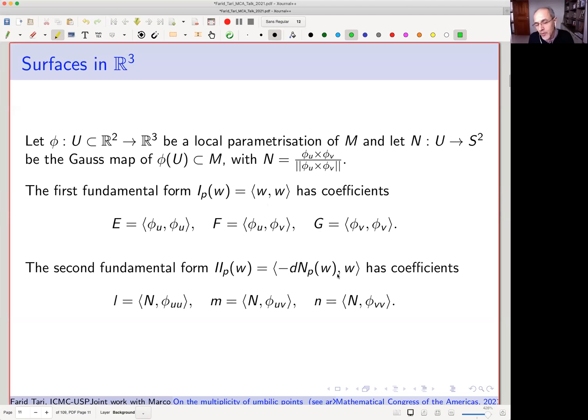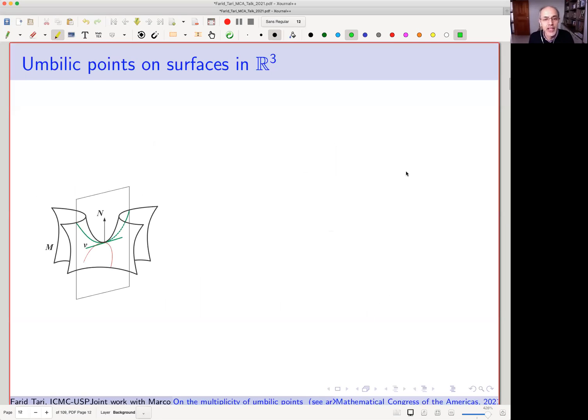The second fundamental form is a quadratic form, and it has coefficients L, M, N, given by the scalar product of N with the second derivative of phi, phi_uu. M is the inner product of N with phi_uv, and N is the scalar product of N with phi_vv.